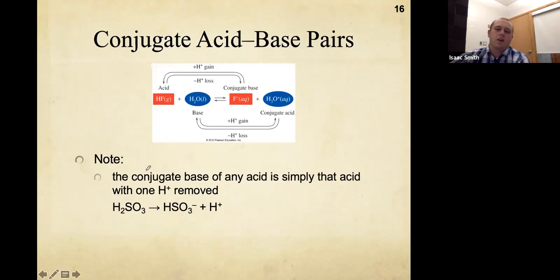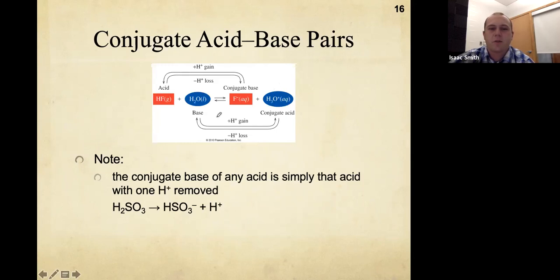So just a note, and I've kind of already said this, but the conjugate base of any acid is simply that acid with a proton removed. So HF here, the conjugate base of this acid is going to be that anion without the proton. And then for water, in this case, water is the base because HF is the acid. And so the conjugate acid is just going to be water with an extra proton.